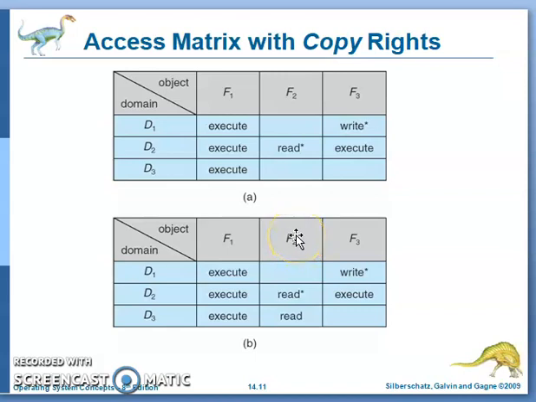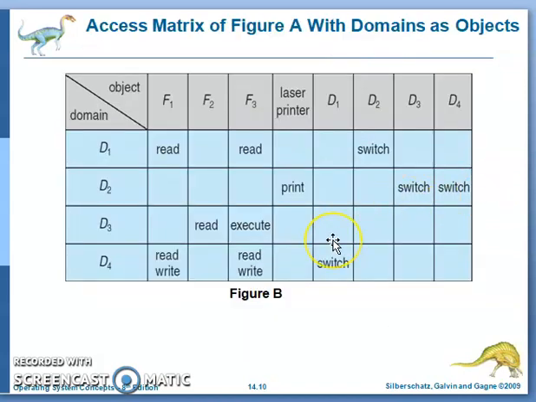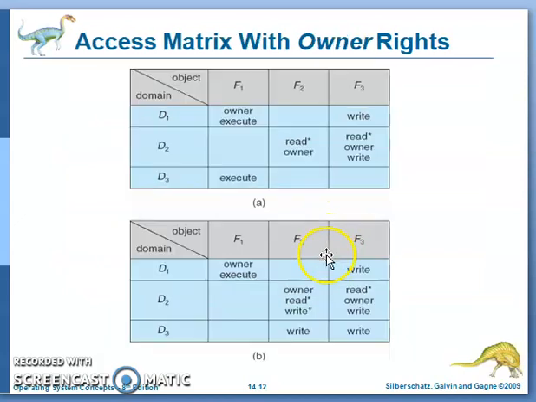Previously, the first one is switch, the second one is copy, and the third one is owner. The access right owner means he has the right to add or remove rights along the column. Add or remove the rights along the column. The meaning is, here this is the owner. Owner can add any right in this particular column or remove any right in this column.